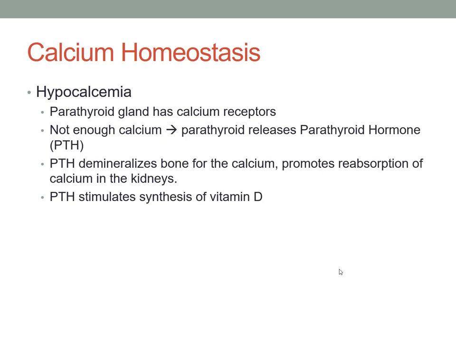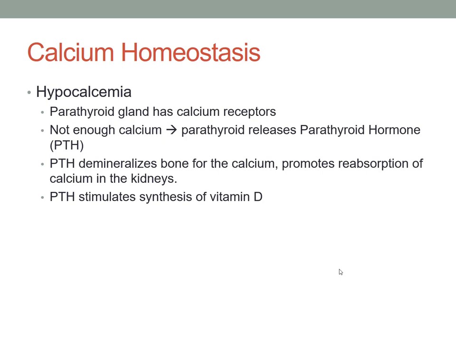So when the body doesn't have enough calcium, the parathyroid releases parathyroid hormone, which then does two things. It pulls calcium out of the bone, so if somebody's not getting a regular intake of calcium, that also assists with osteoporosis.